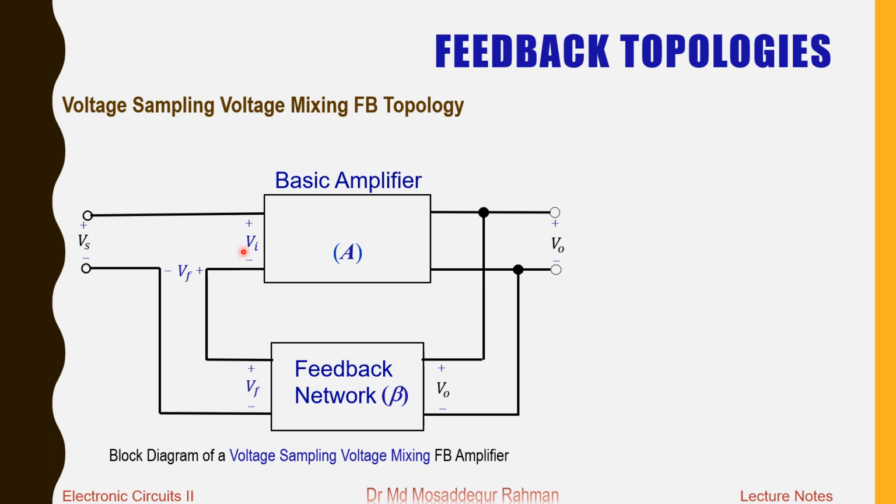The difference signal here is Vi, the difference between Vs and Vf. So this is how the voltage sampling, voltage mixing feedback amplifier will work.